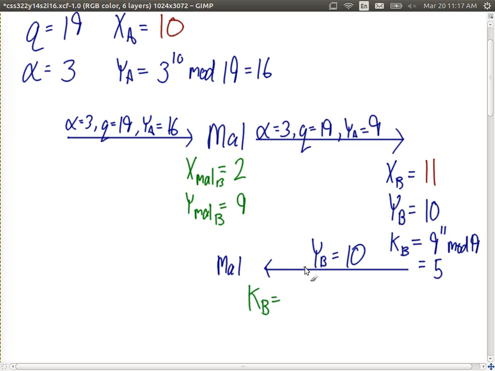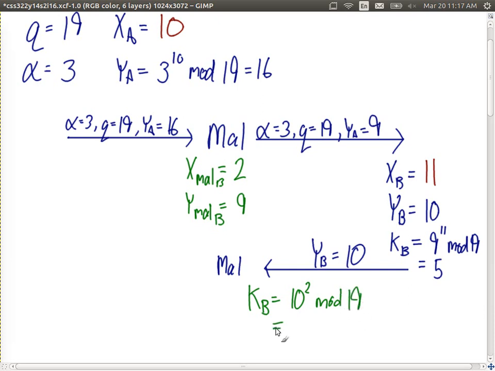How? We take YB, the one B received from the other person, raise it to the power of our private X, X mal B, the 2 that we chose, mod 19. What do we get?